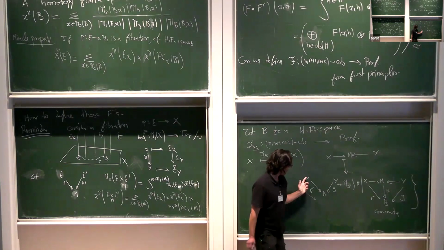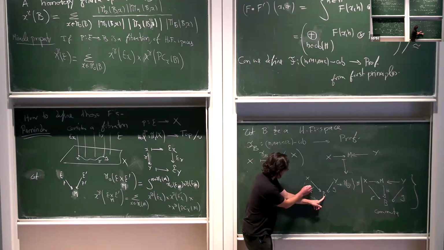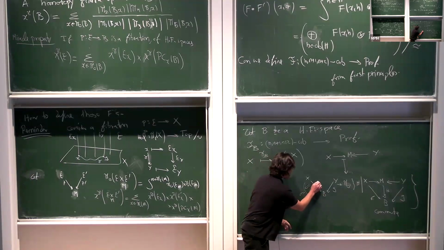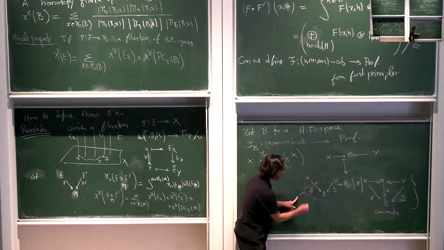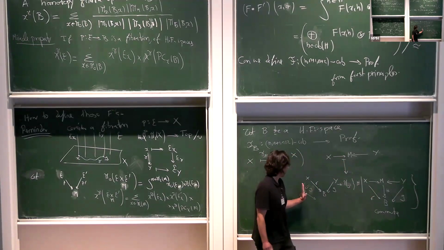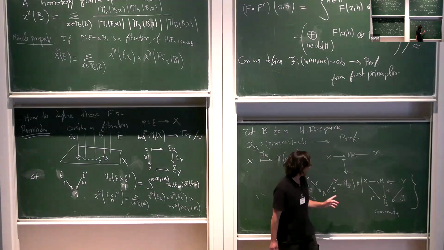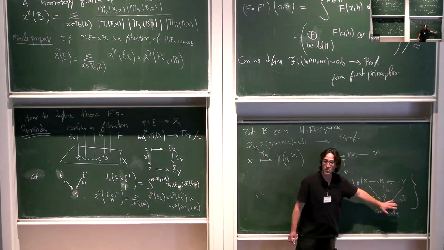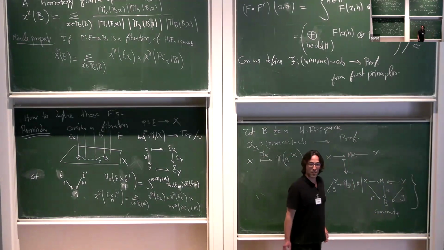Because the inclusion of X into B is a fibration, if I'm able to slide F to F prime by using a homotopy, then I can slide this homotopy all the way to the function space. Just using the fact that the inclusion of X into M is a cofibration, so I can always extend these things, and this is the idea.